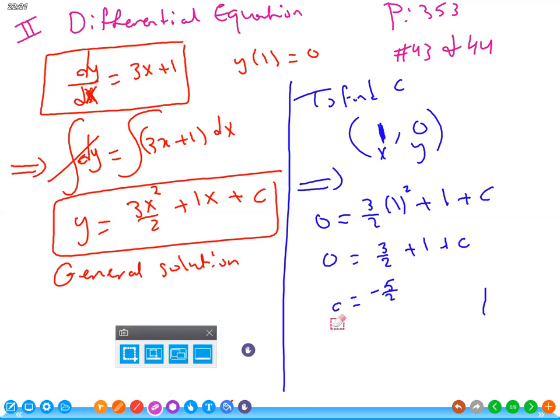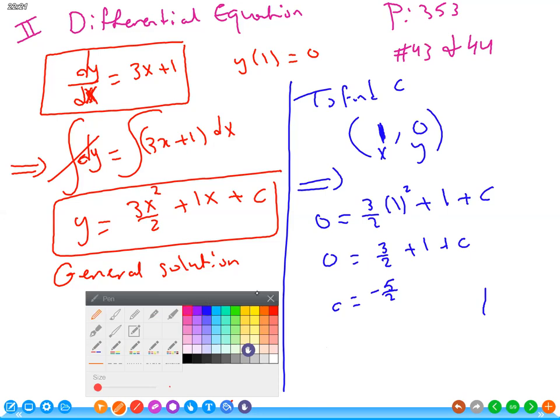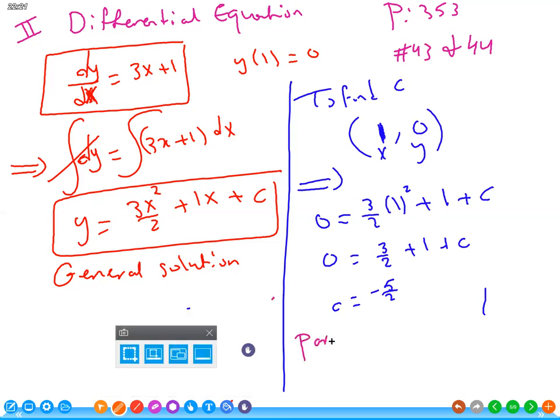Therefore, the particular solution is y equals 3 over 2 x squared plus x minus 5 over 2.